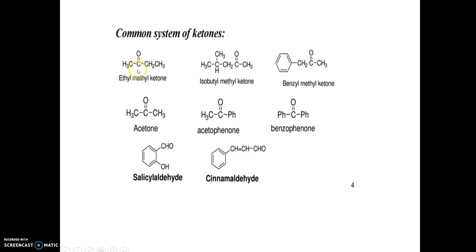One is methyl and the other is ethyl. According to the alphabetical order, it is ethyl methyl ketone. Similarly, these are a few examples, and the common names for the ketones can be acetone, acetophenone, benzophenone, or when we have an additional functional group, it can be salicylaldehyde or cinnamaldehyde.